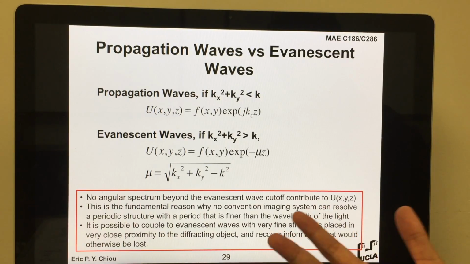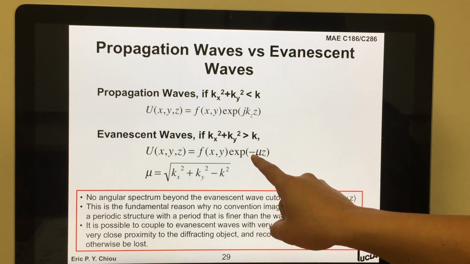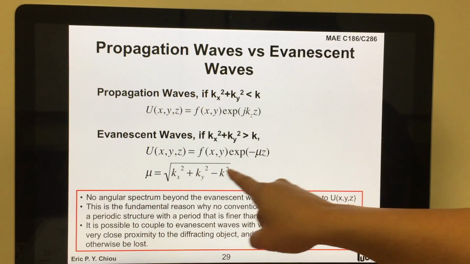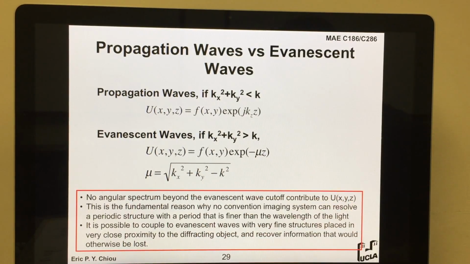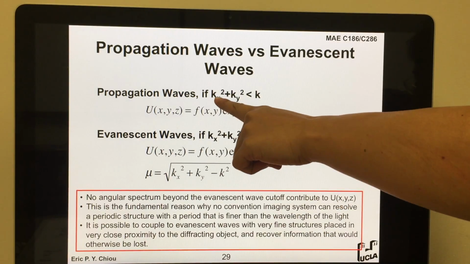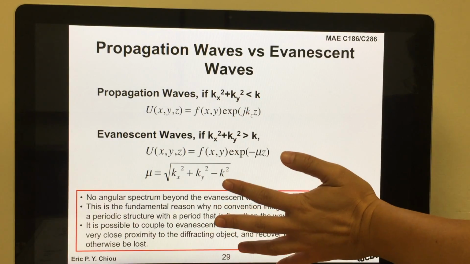So you have an evanescent wave, which means that this high frequency information does not propagate at all, because only plane waves with spatial frequency smaller than k are supported to propagate in free space.